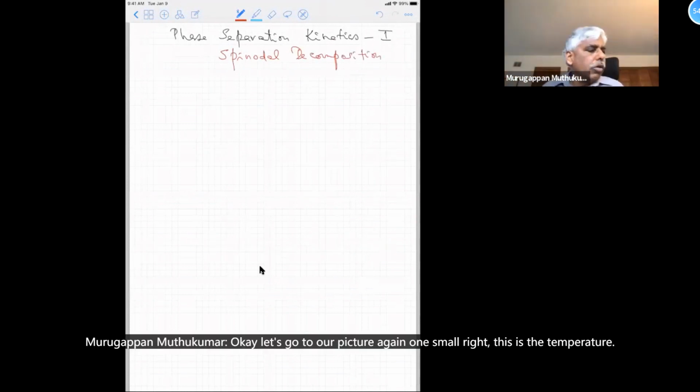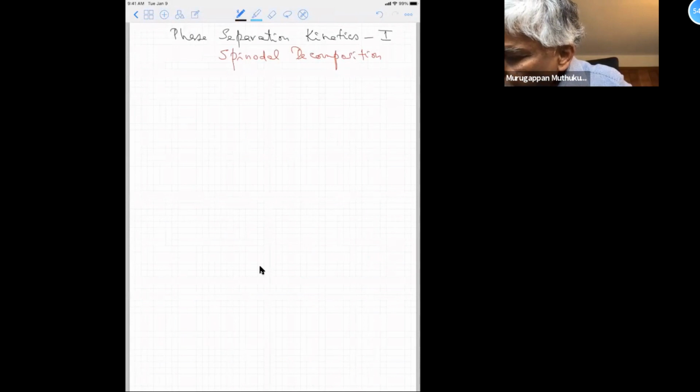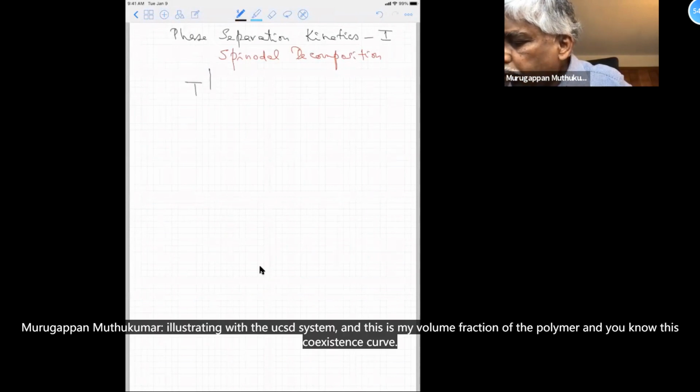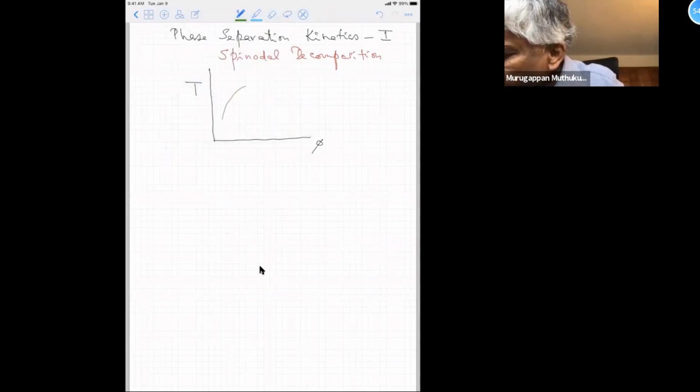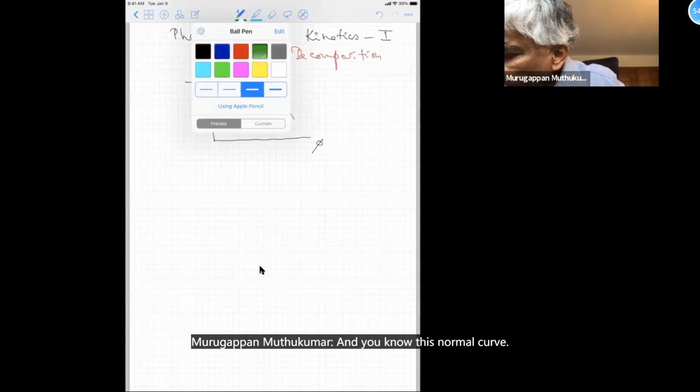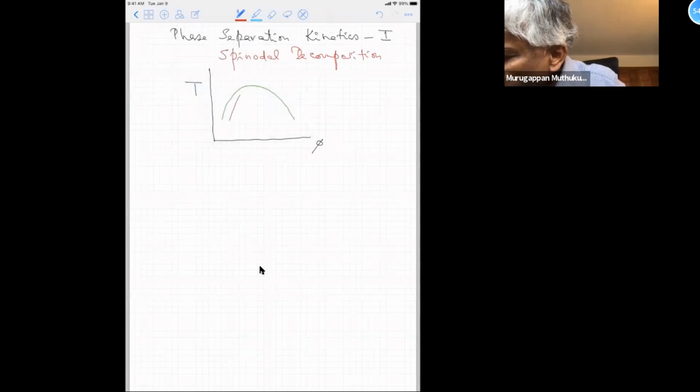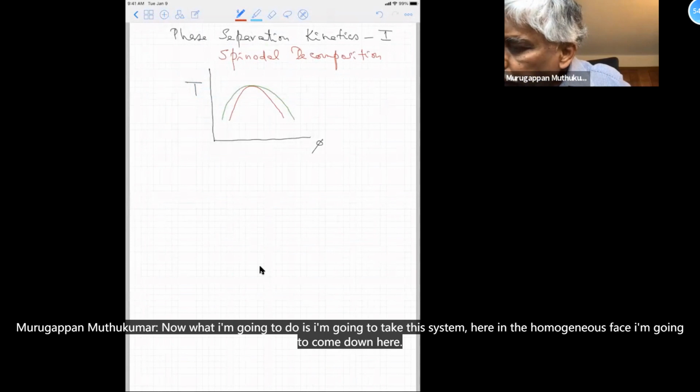Okay, let's go to our picture again. This is the temperature. I'm illustrating with the UCST system, and this is my volume fraction of the polymer, and you know this coexistence curve, and you know the spinodal curve. Now what I'm going to do is take the system here in the homogeneous phase and come down here.